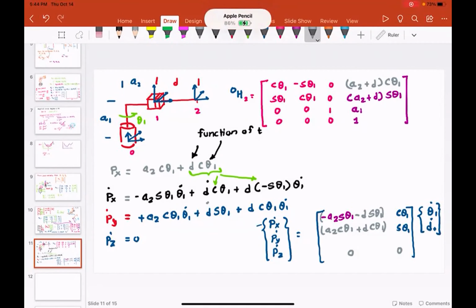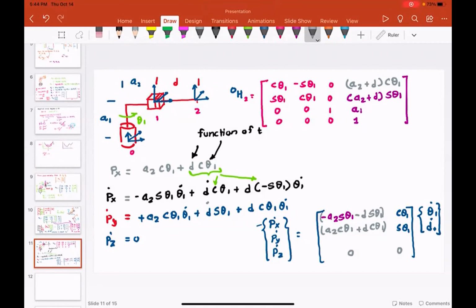Did I make a mistake there? D cosine theta 1, what did I do?